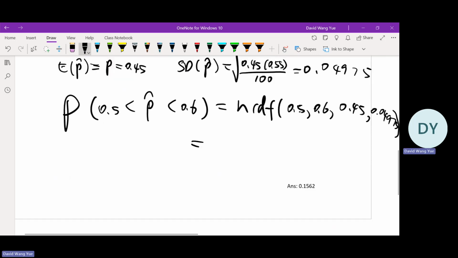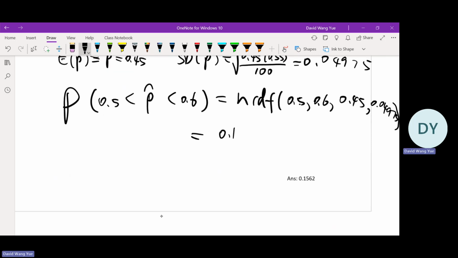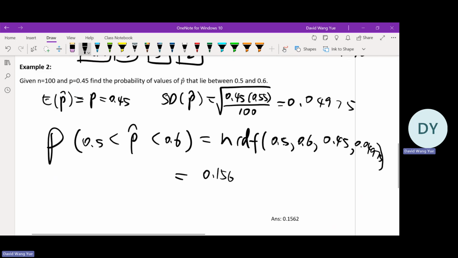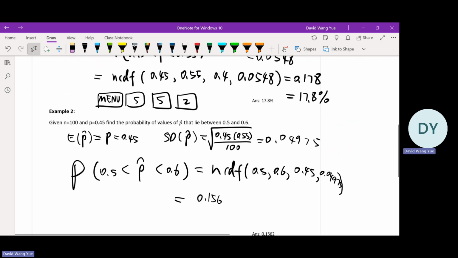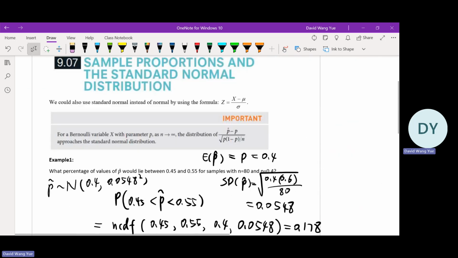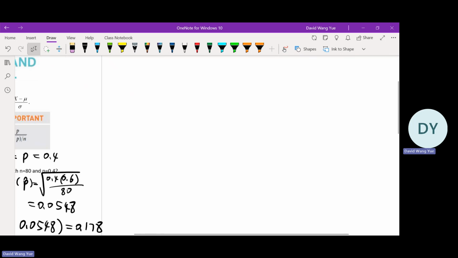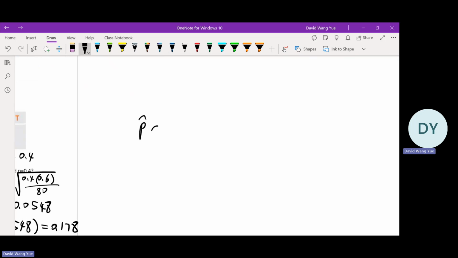So you can calculate and you get the probability 0.156. In summary, p hat is normally distributed. Whenever the question asks about the distribution of the sample proportion, we should consider it is a normal distribution. This is the mean, and this is the standard deviation.